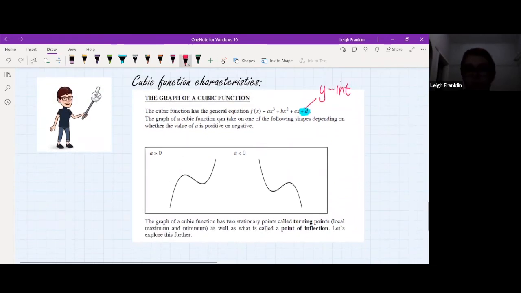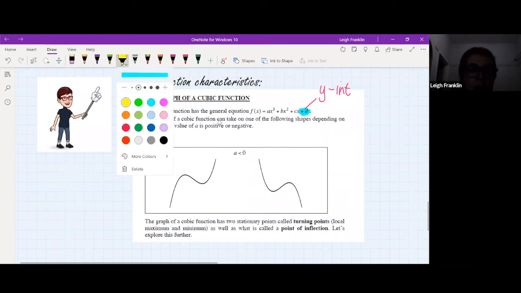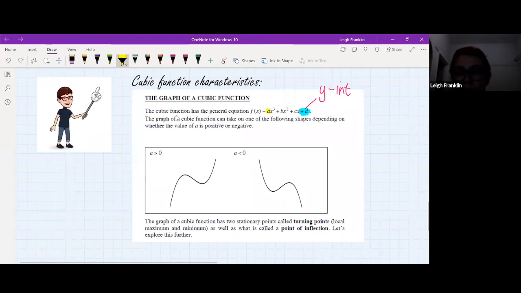The other thing that's really important for us is the shape of the cubic function. Now, the shape of the cubic function depends on the sign of the coefficient of the x cubed term. So if a is positive or if a is negative. If a is positive, the graph is first concave down and then concave up.